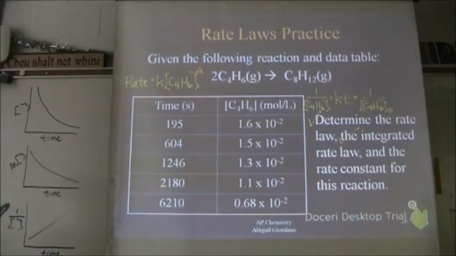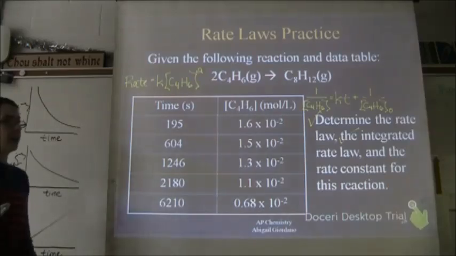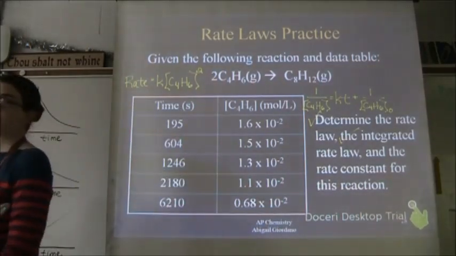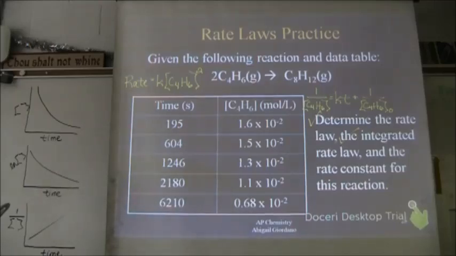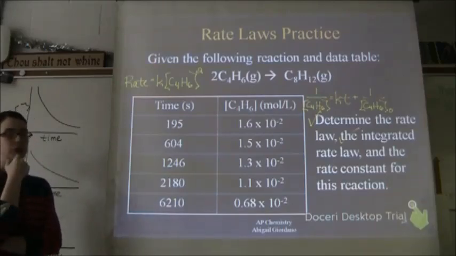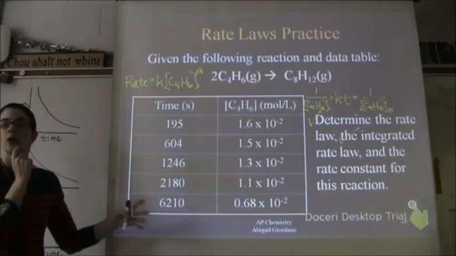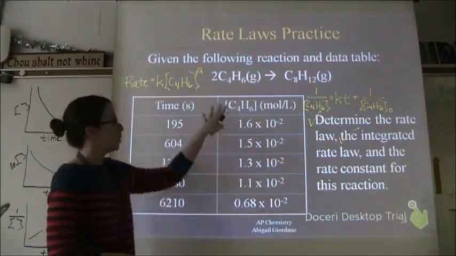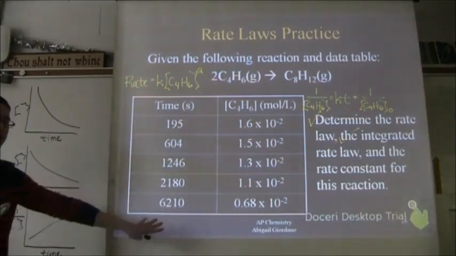Final part, and this is the hardest part. And I'm going to give you some time to kind of wrestle with this. They want a value for K. They want an actual number. So here's what I'm challenging you to do. Look at what we have access to. We have two rate laws. We have a table of data.